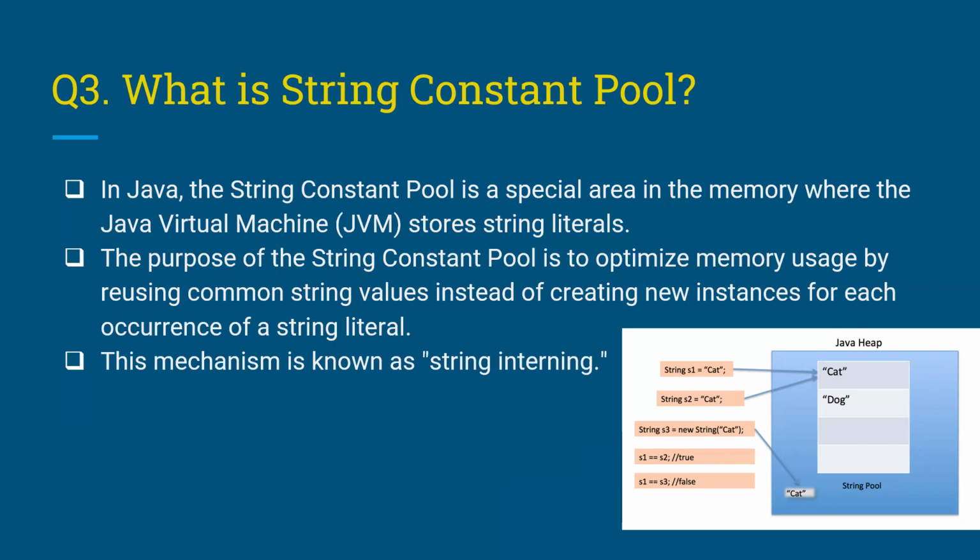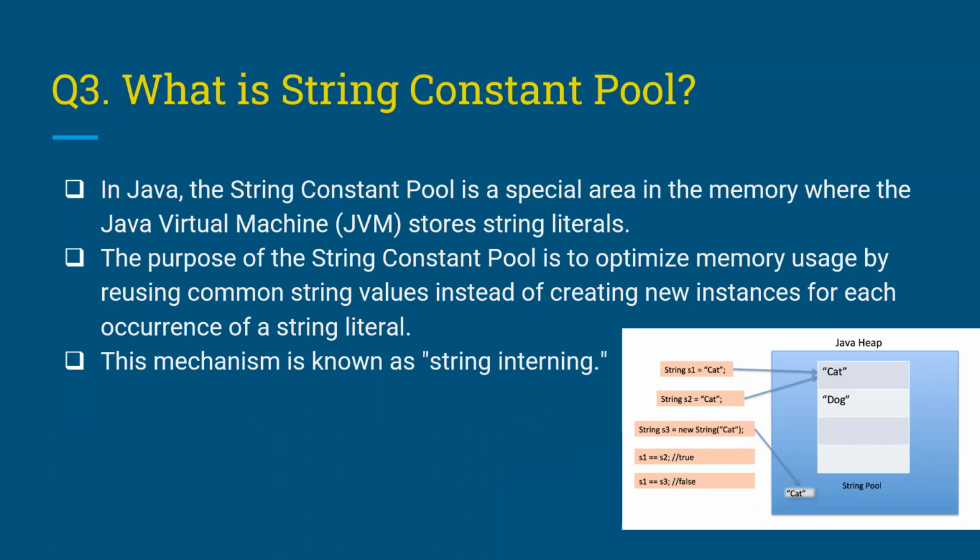And the question is: if the garbage collector is not entering to remove the unused things from the string constant pool, then how can the unused things be removed? Or if the string constant pool is full, how can the memory be utilized properly there? The answer is that in the case of the string constant pool, if memory is full, then if required, it will be handled by itself.